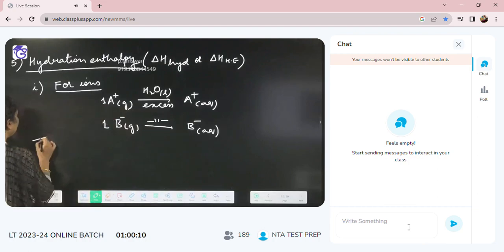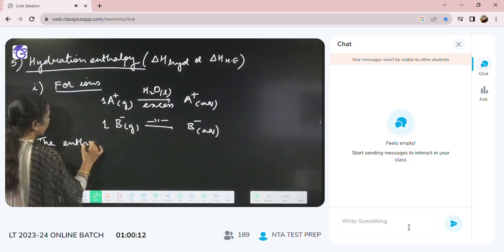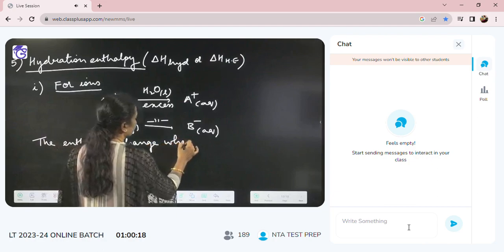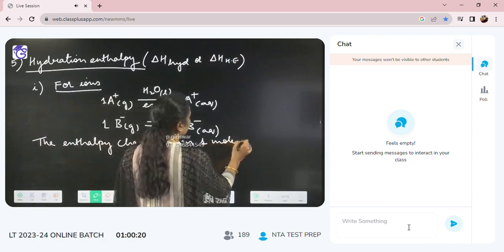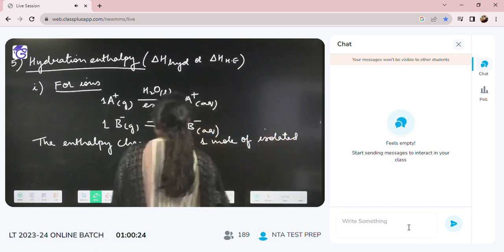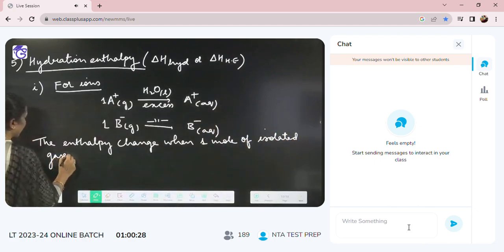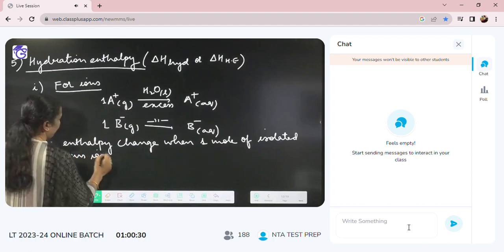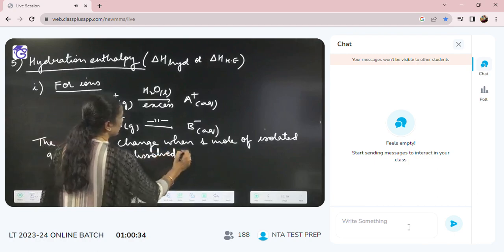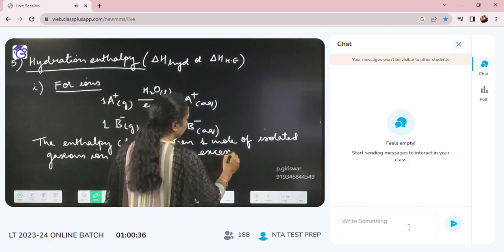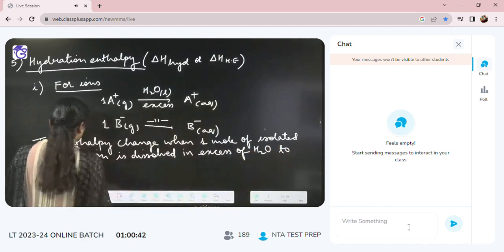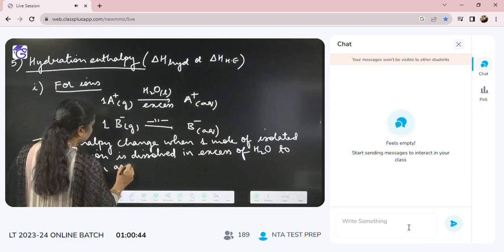Okay, so I'll write down here the enthalpy change when 1 mole of isolated gaseous ion is dissolved in excess of water to form aqueous ions.